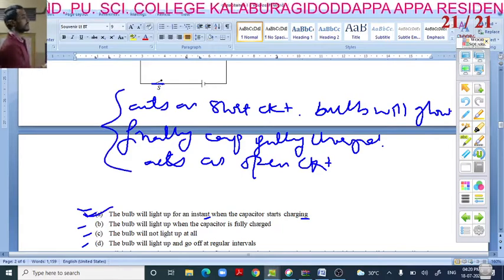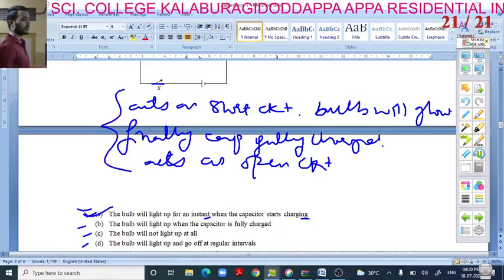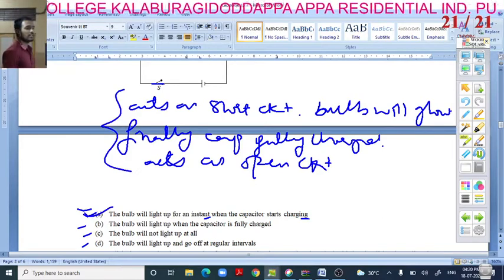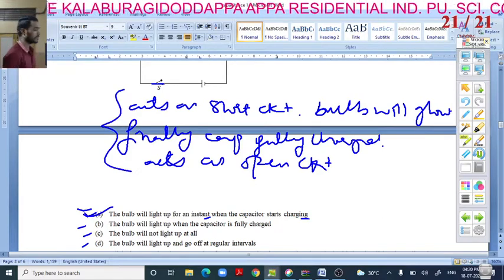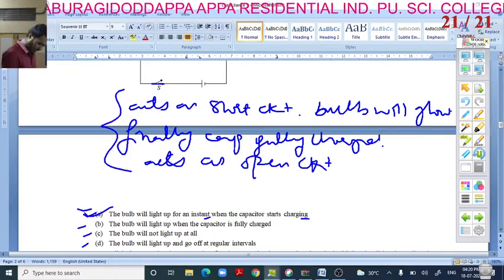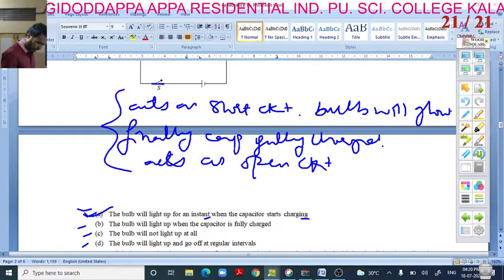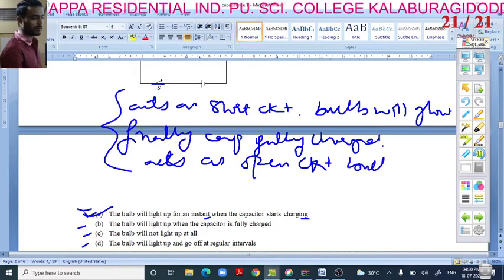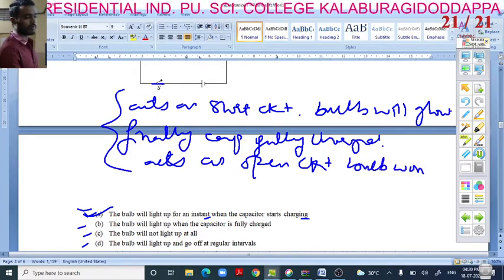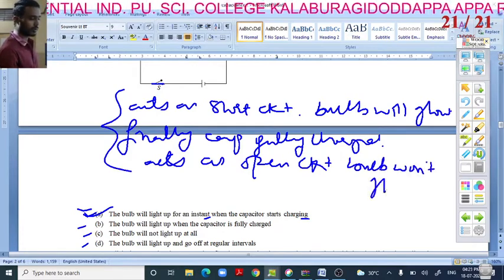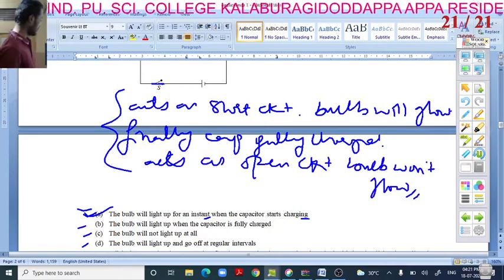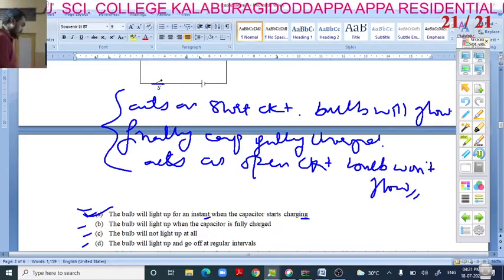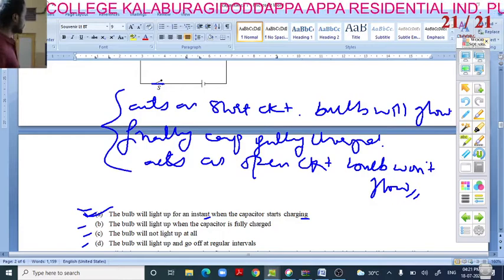Initially it acts as a short circuit, so the bulb will glow, and finally the fully charged capacitor acts as an open circuit. So the bulb will not glow here, right? So our option is the first option.